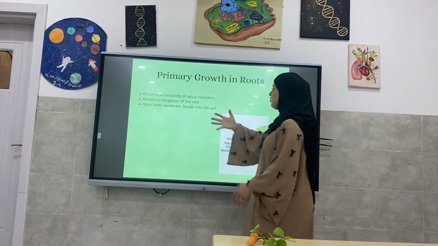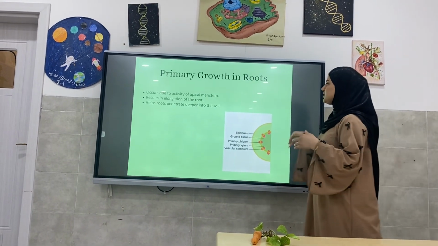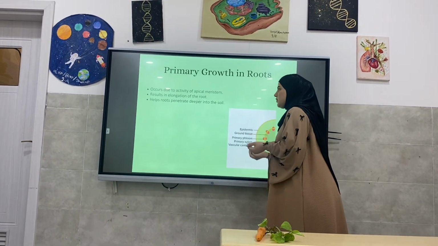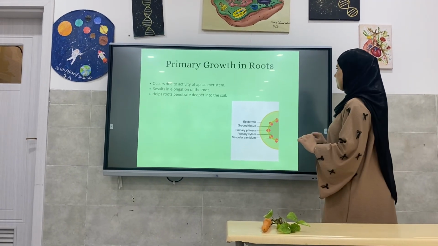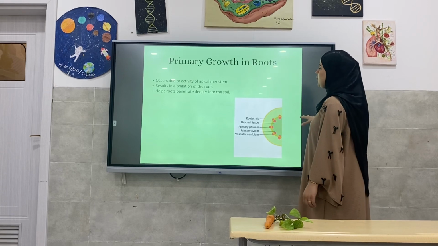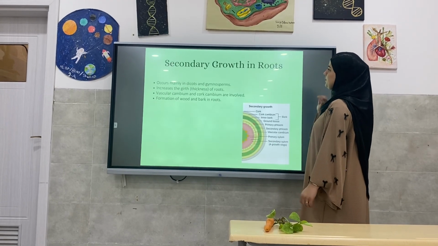According to activity of apical meristem, resulting in elongation of the root, helps root to penetrate deeper in the soil. This is the primary growth in the root.